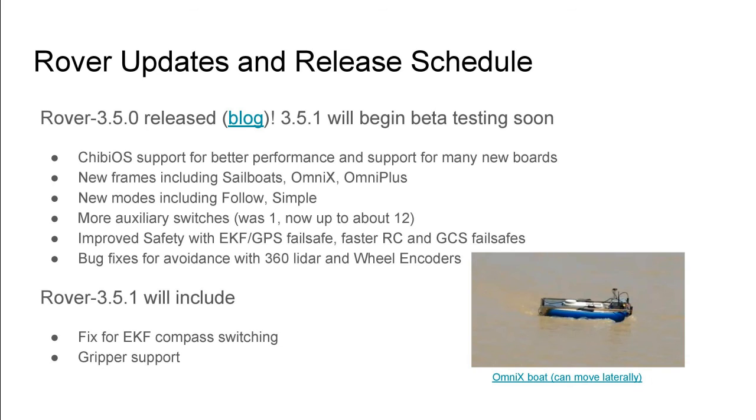Yes, it is possible. We support the do reverse command. There's some confusion whether that means do the mission in reverse, i.e., do waypoint 3 and then 2 and then 1, or if it means turn the vehicle around so that it drives backwards. The do reverse command makes the vehicle turn around and drive backwards.